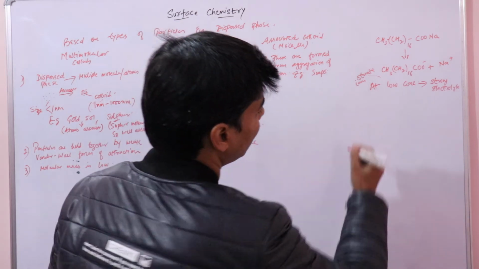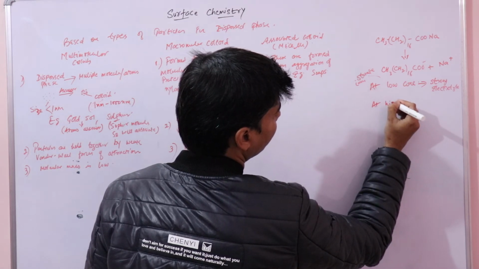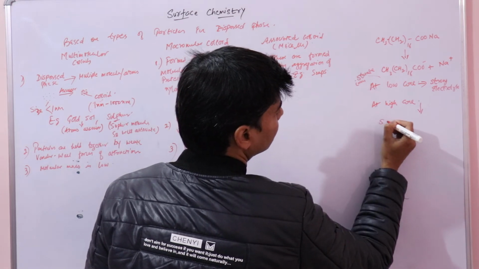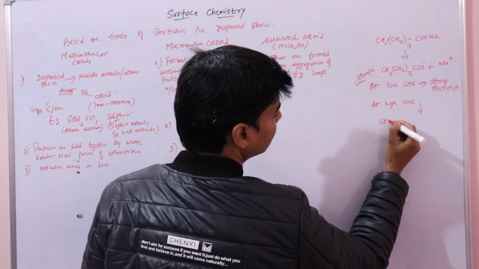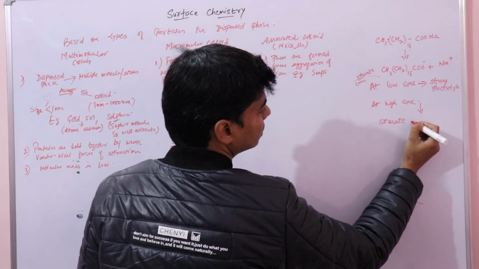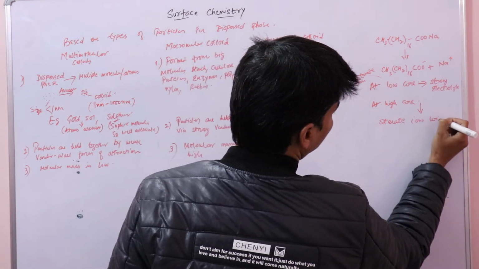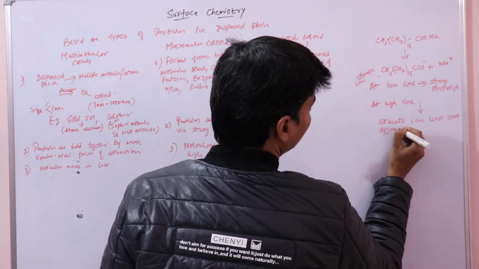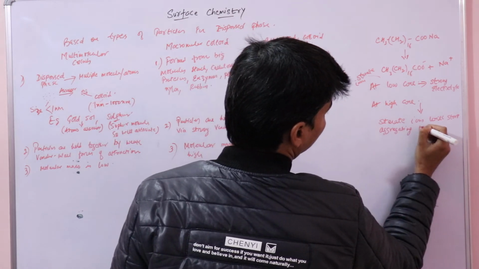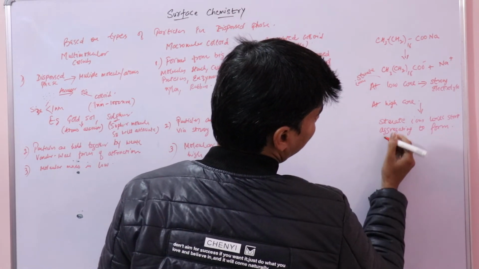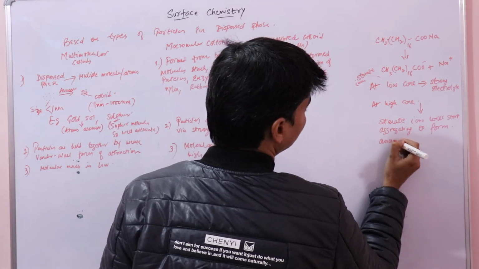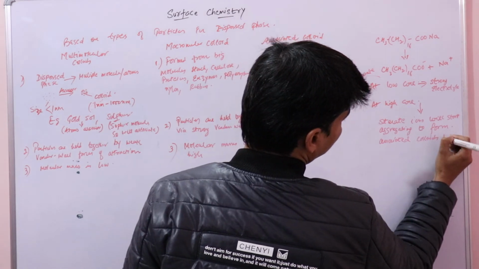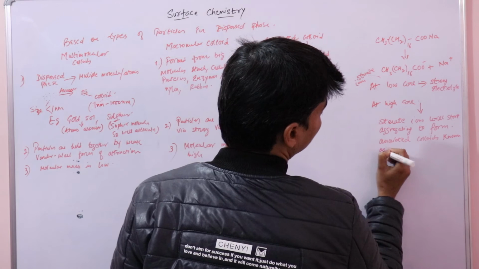So at high concentration, the stearate ions will start aggregating to form associated colloids, which are known as micelles, right?